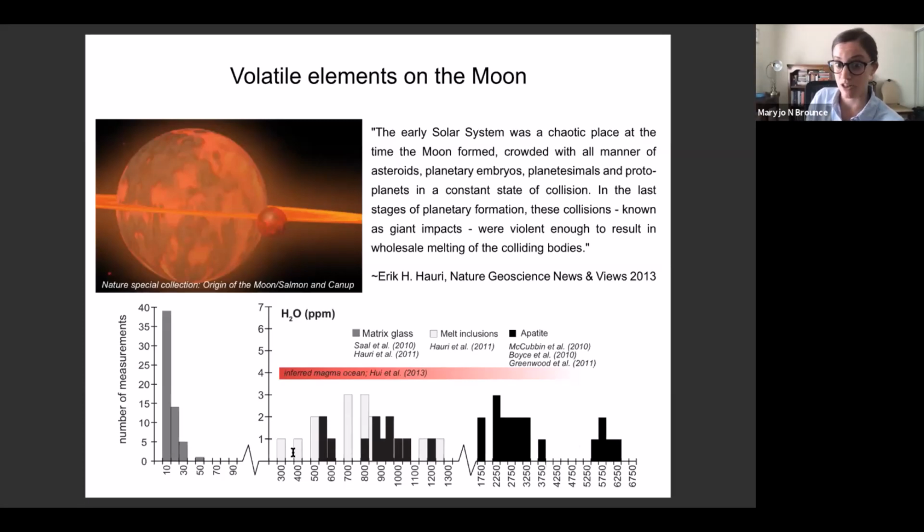And so this observation has been huge and reinvigorated a lot of interest in the giant impact theory for how the moon formed, and seems to require modification, at least, of how that process unfolded in order to allow the moon to retain water concentrations, at least in some portions of the crust like this.